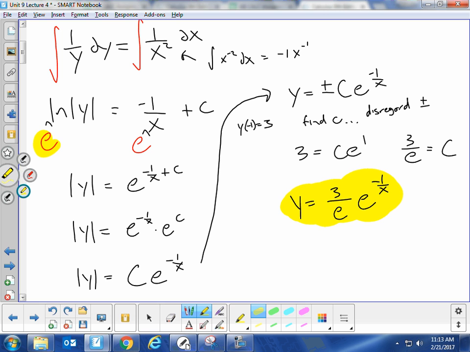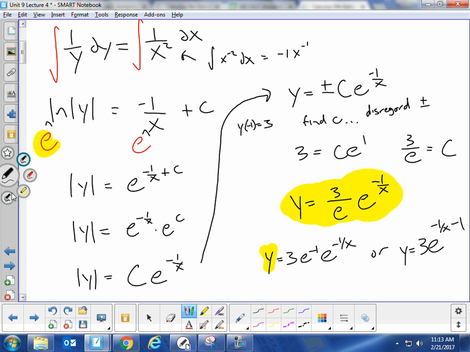Now we should be comfortable with this, but we could rewrite this and come up with a different looking answer, but the same exact answer.